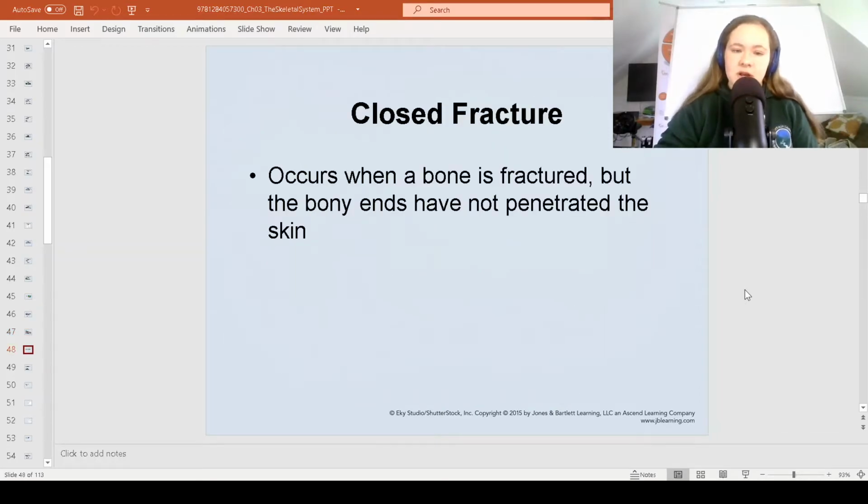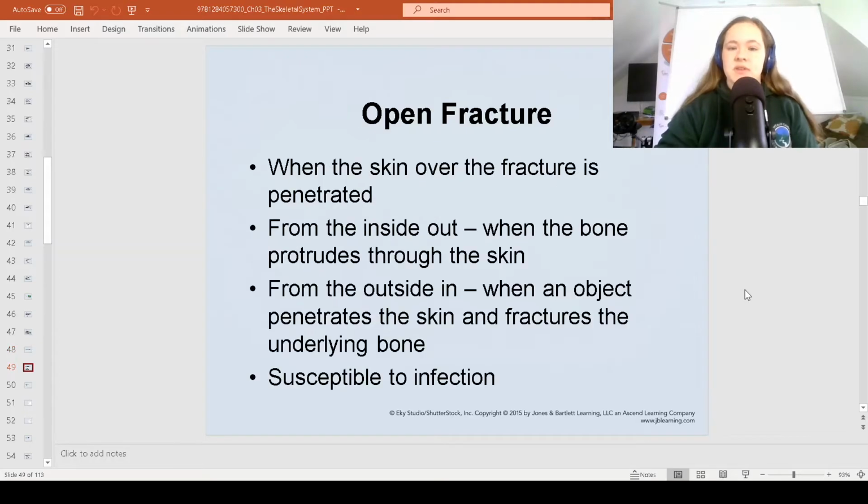A closed fracture occurs when the bone is fractured, but the bony ends have not penetrated the skin. An open fracture is when the skin over the fracture is penetrated. From the inside out, the bone protrudes through the skin. From the outside in, an object penetrates the skin and fractures the underlying bone, and it's susceptible to infection.